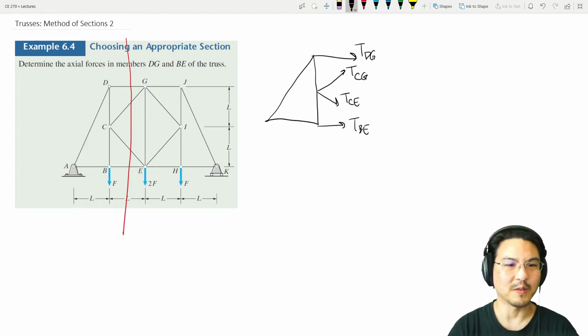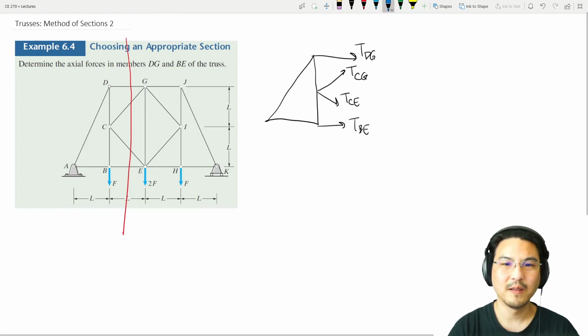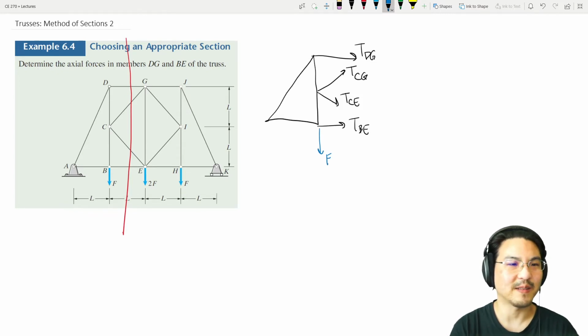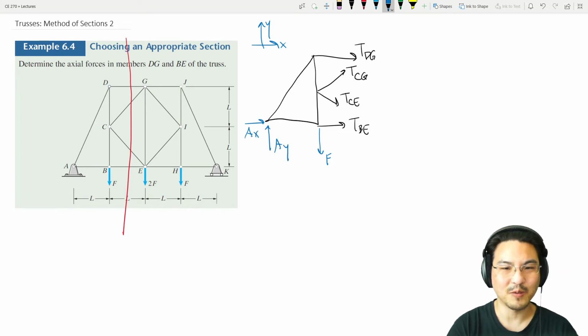And then there's also a load here and a reaction at pin A. I pick coordinates like this. Then at pin A, there's a reaction which I will decompose into X and Y components.